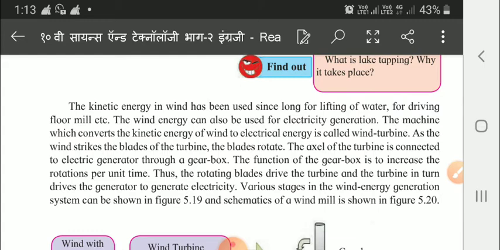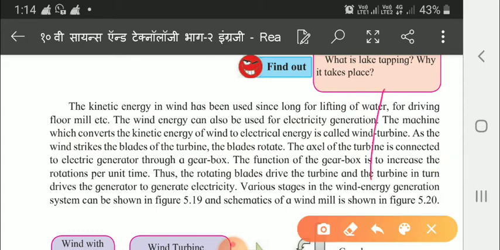Already I told you that the gearbox is used to make it rotate faster, and due to that turbine rotation, the generator generates the electricity. And this machine, the wind turbine, is converting the kinetic energy of wind to the electrical energy.